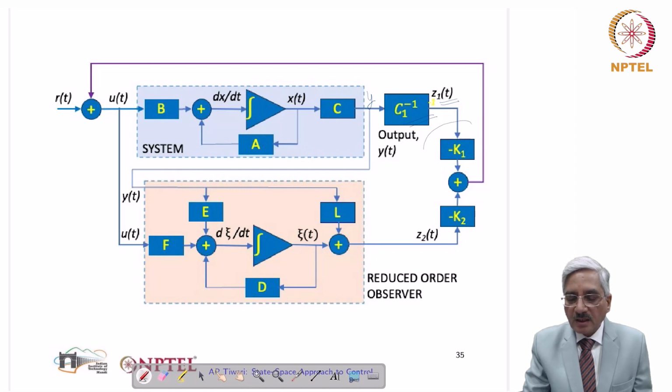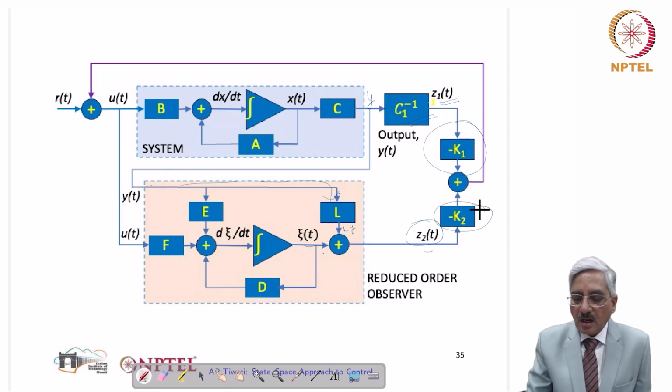That we are multiplying with K1, and then this Z2, which is Ly, this is Y and Ly comes here, Ly plus xi is Z2, that multiplying through K2 added to this K1 Z1, this K2 Z2, and that sum is being fed back here.